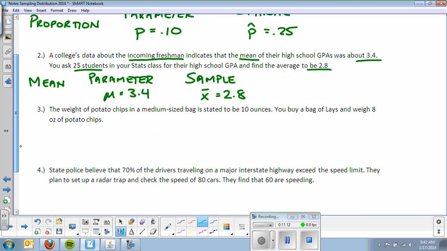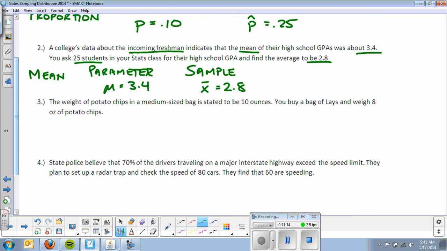Okay, problem number 3. The weight of potato chips in a medium-sized bag is stated to be 10 ounces. You buy a bag of Lay's and weigh 8 ounces of potato chips. Okay, now, again, I'm dealing with quantitative data, so that is a mean problem. Numbers that I can average.